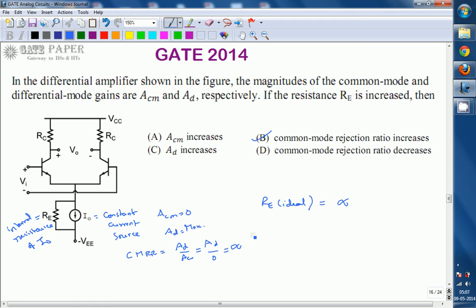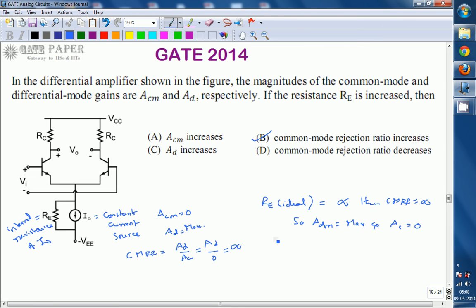So if RE is ideal, then CMRR is infinite. So we can say that AD is maximum and ACM is going to be 0.